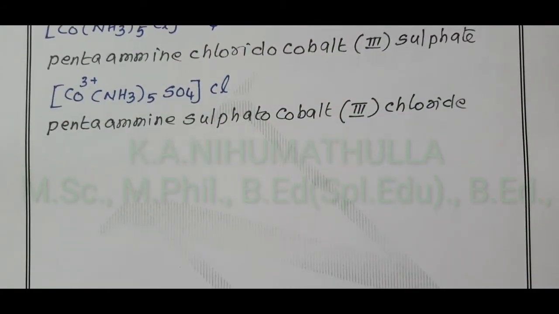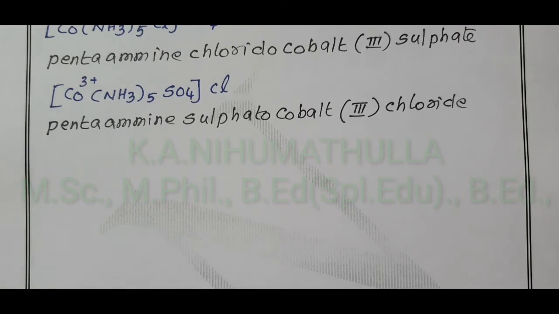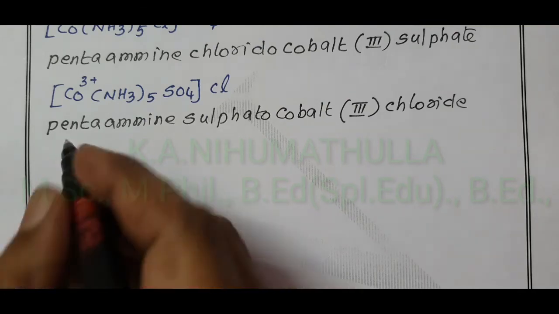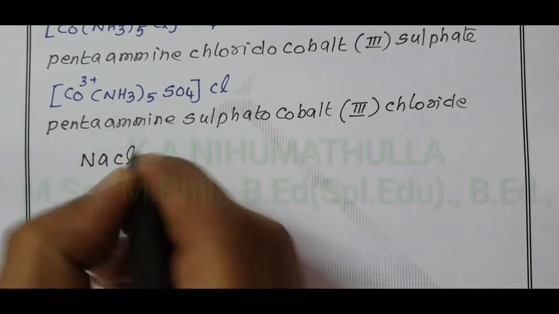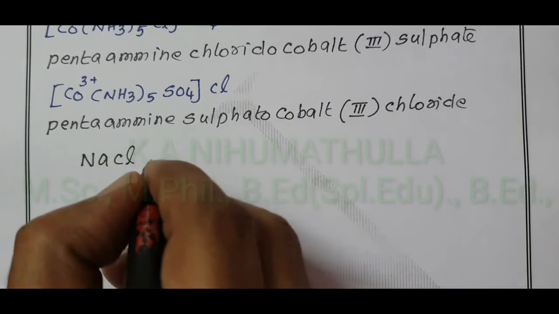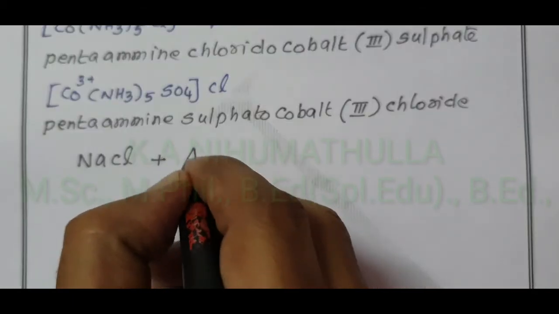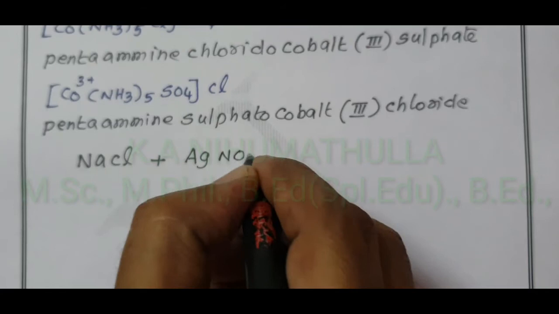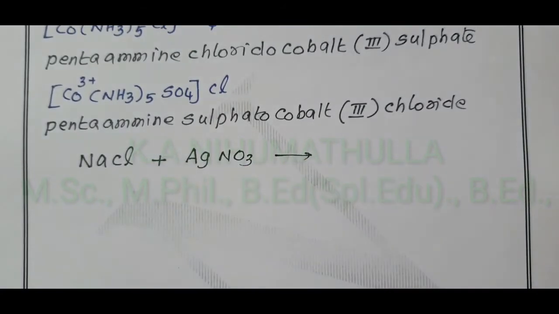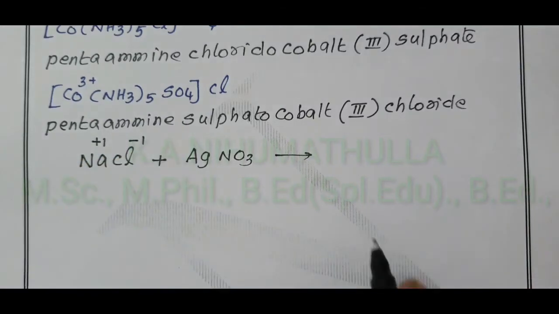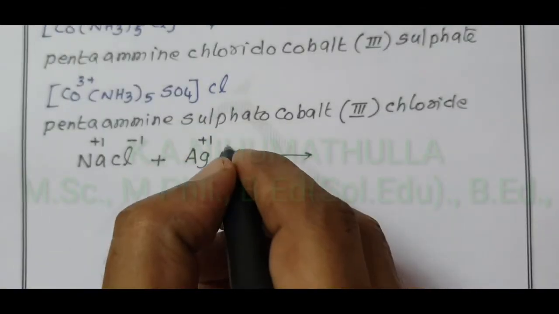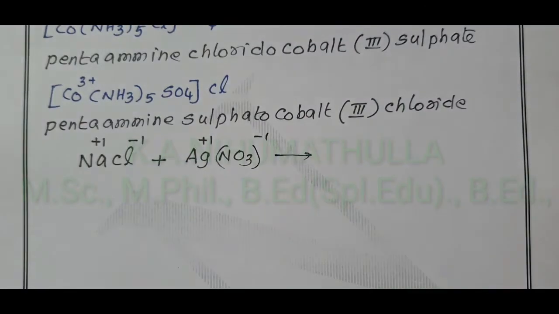We know silver nitrate is used to identify the halide radical. For example, I write the equations first. Take any chloride salt, for example sodium chloride, which undergoes ionization. When treated with a solution of AgNO3, sodium is a monopositive ion, an alkali metal, halide is minus 1, silver is Ag plus 1 and nitrate is minus 1.